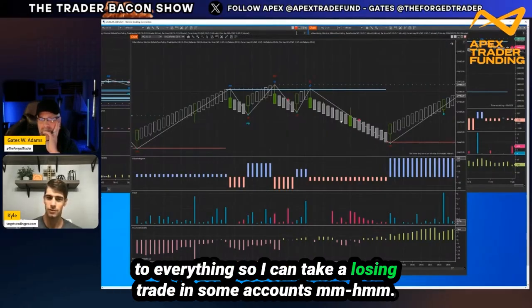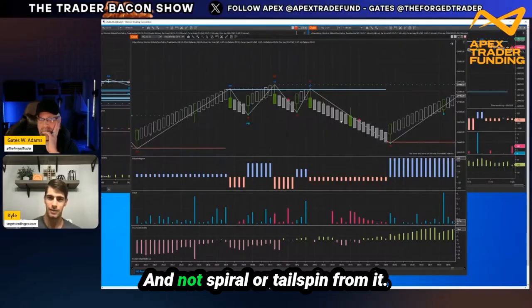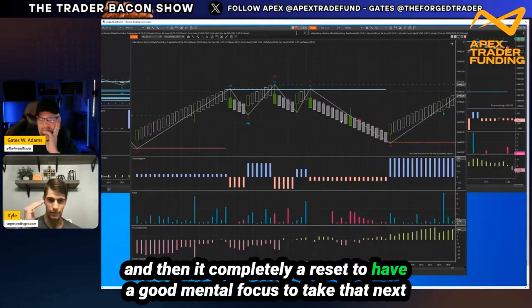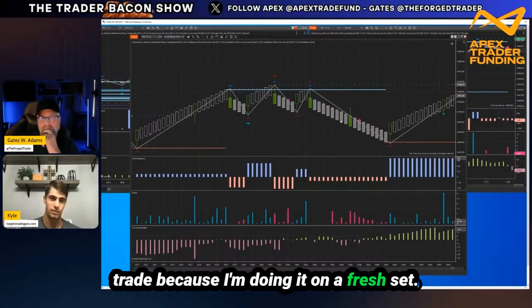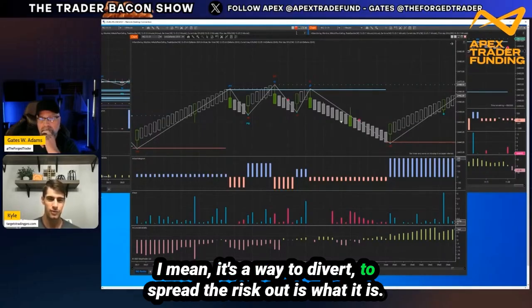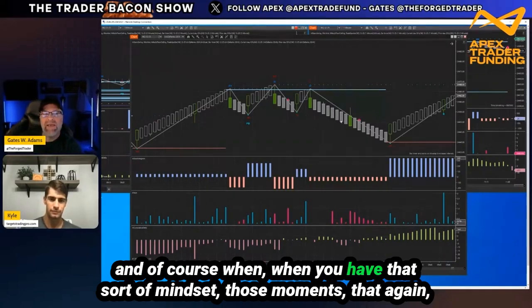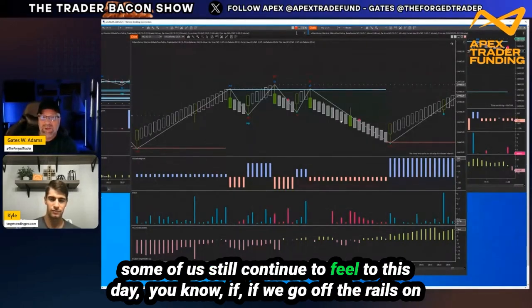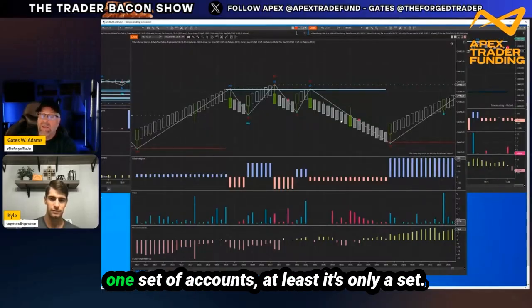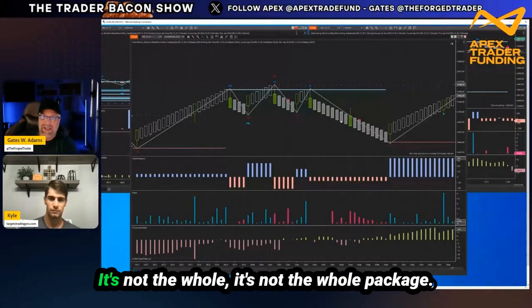So I can take a losing trade in some accounts and not spiral or tailspin from it, and then completely reset to have good mental focus to take the next trade on a fresh set. It's a way to spread the risk out. For sure. And if we go off the rails on one set of accounts, at least it's only a set. It's not the whole package.